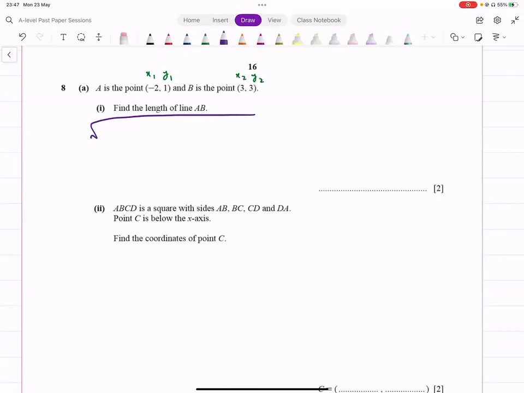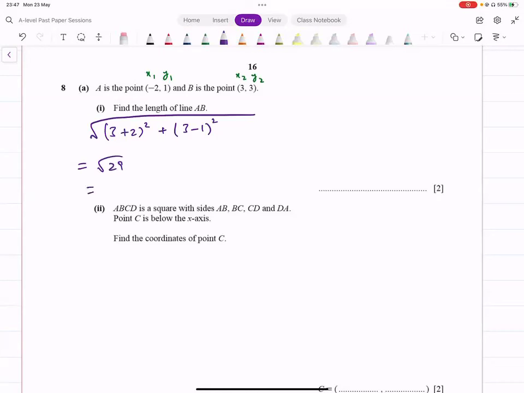What do we get? 3 minus -2, that's going to be 3 plus 2 whole square, plus 3 minus 1 whole square. Okay, ये evaluate कर लें. ये बस क्या आ जाता है 5 square and 2 square, that's going to be square root of 29.